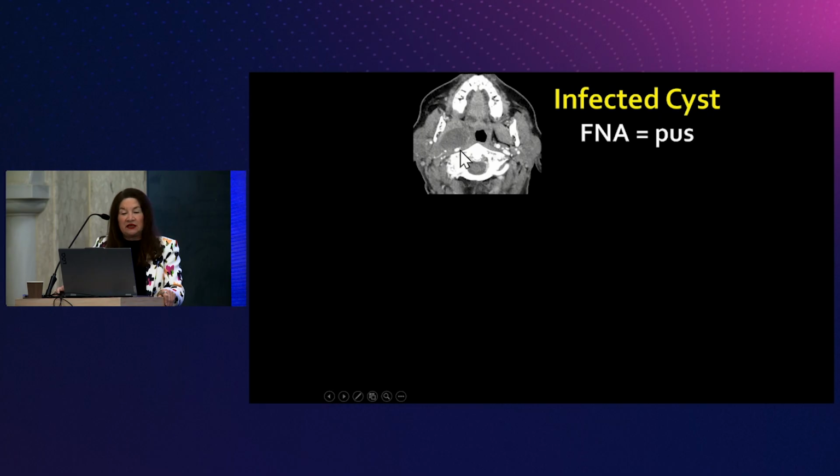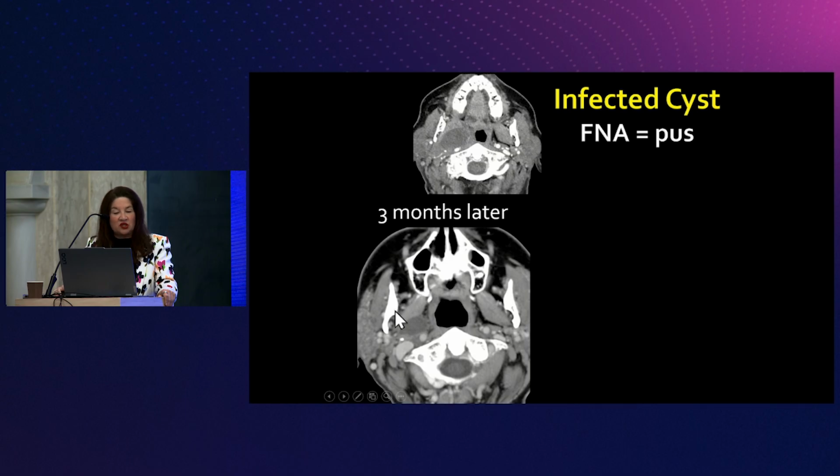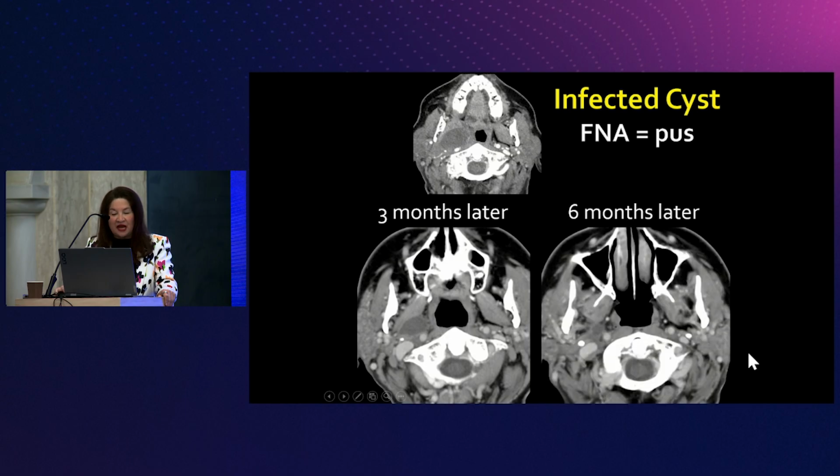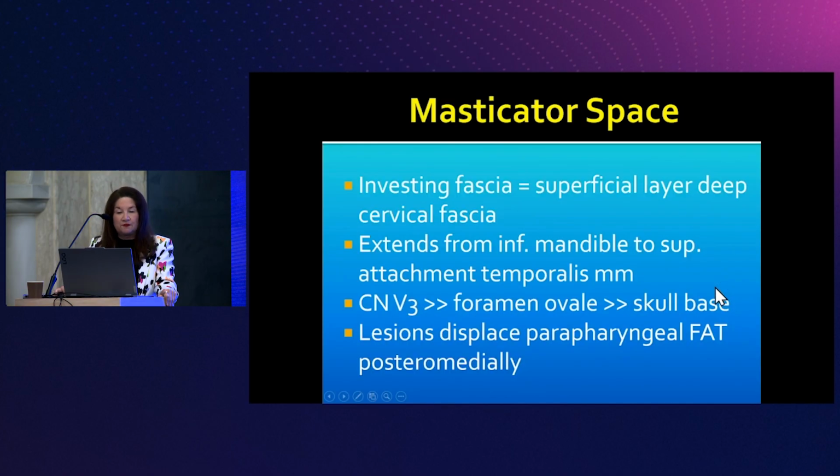I stuck a needle in here. I got back about 10 cc's of pus. She went on a week of IV antibiotics and 6 weeks of oral antibiotics. This is what she looked like 3 months later, and this is what she looked like 6 months later. And you can see there's an underlying cyst. So this was one of those rare but atypical cysts sitting in the prestyloid compartment.